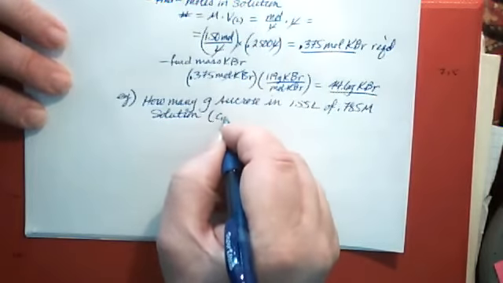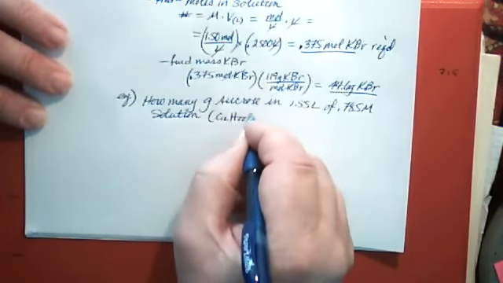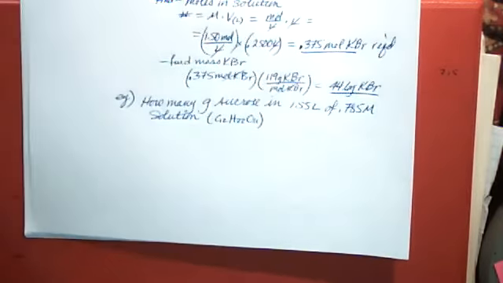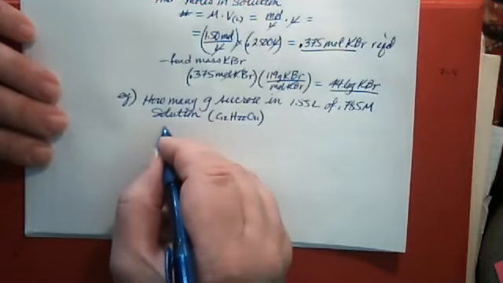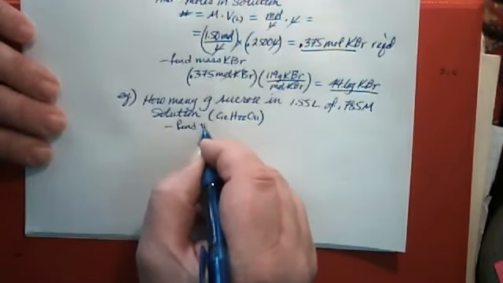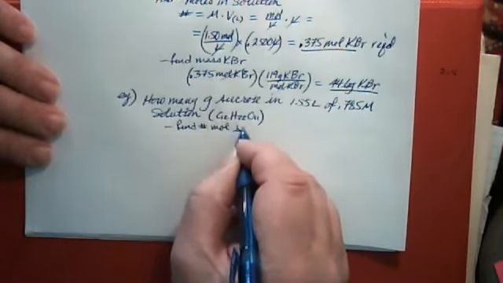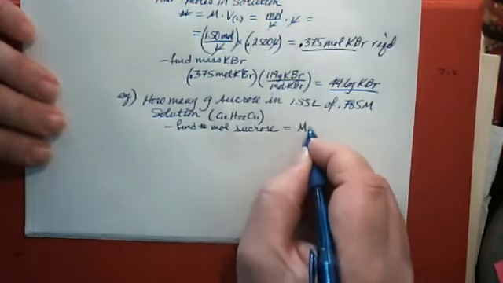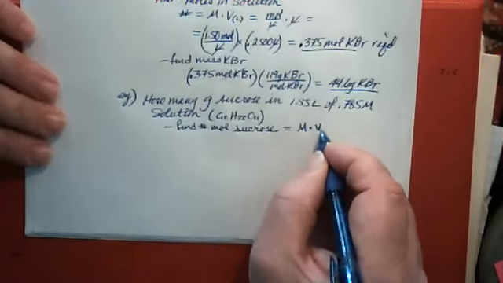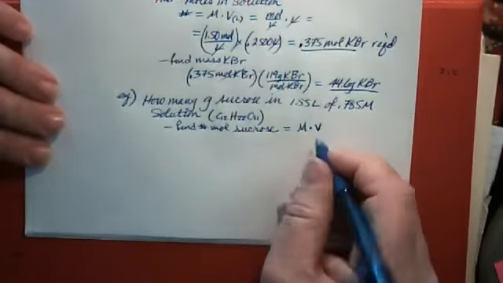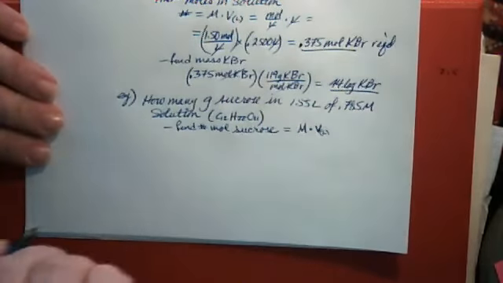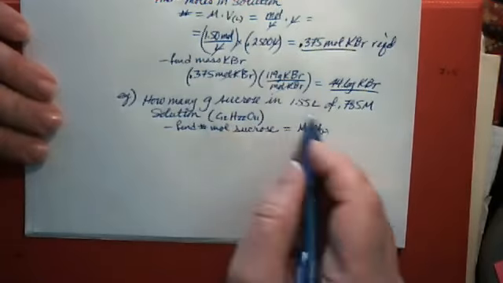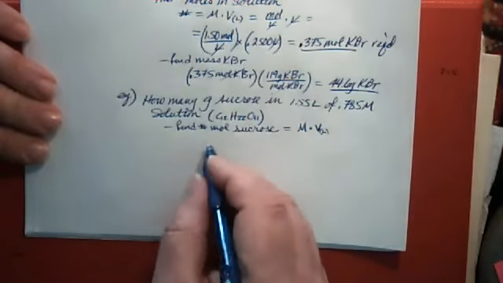And sucrose has the formula C12H22O11. And as above, we need the number of moles of sucrose first. And that's molarity times volume. And the volume doesn't need to be in liters, though. Okay, we have the volume in liters, actually, so that helps.